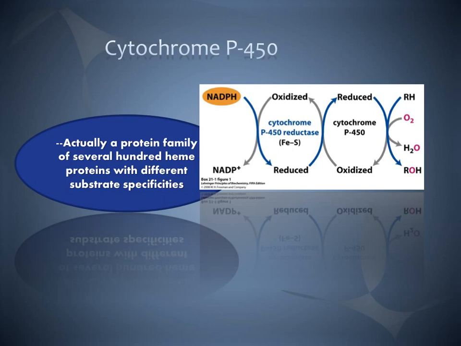So what we're doing is using Cytochrome P450, and it comes from NADPH, which then reduces Cytochrome P450 reductase, which is an iron sulfur protein, which is what we've seen before, which is what reduces Cytochrome P450. And Cytochrome P450 then takes that alkane and transforms it into an alcohol at the expense of an oxygen atom from O2. And so that's why this is a monooxygenase.